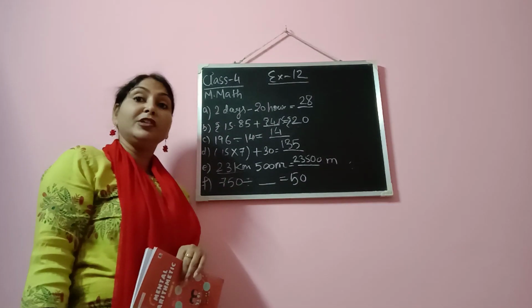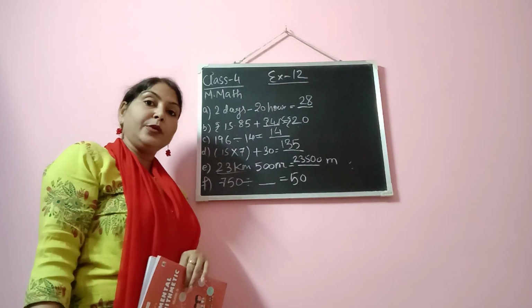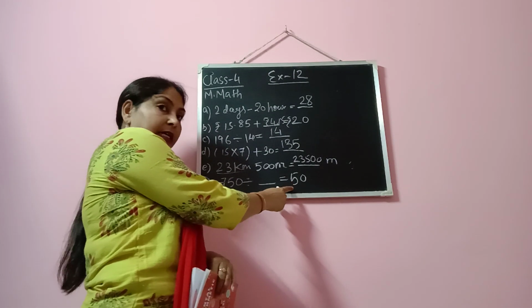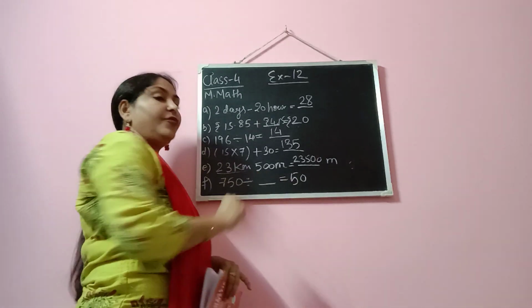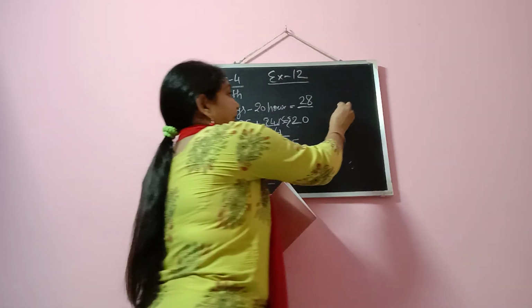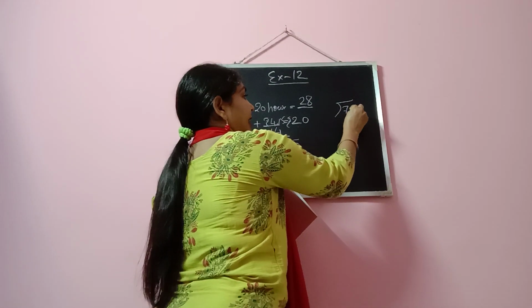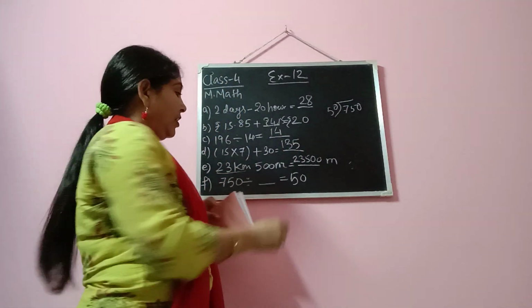Now we come to the next question, number F. 750 divided by which number to get 50? The quotient will be 50. So what will you do here? You will divide 750 by 50. When you divide 750 by 50, the answer will come 15.